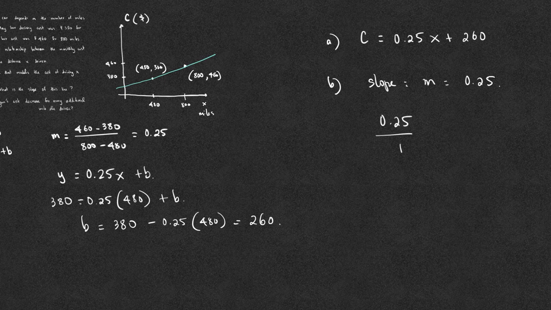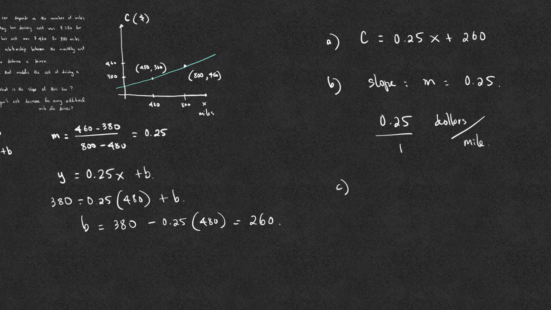But in a word problem, we want to use the decimal and 1 in the denominator. The change in y over the change in x, therefore the unit is dollars on the top, and x at the bottom is the number of miles. This means that for each additional mile, the cost will go up by 25 cents.